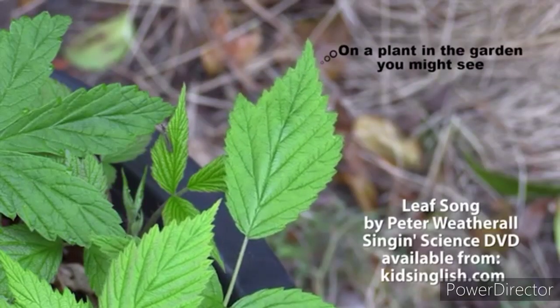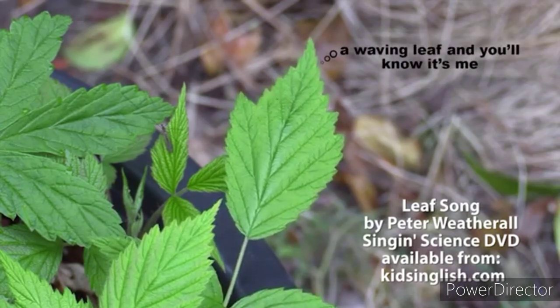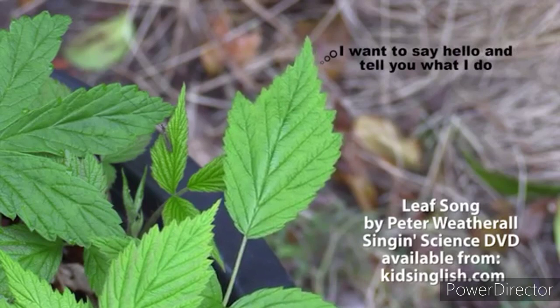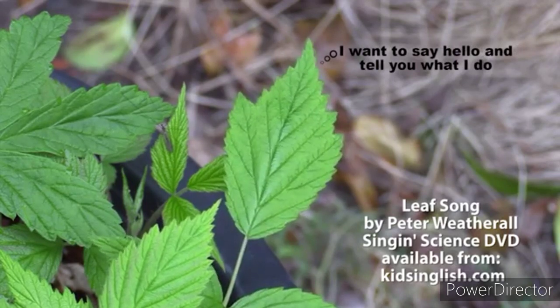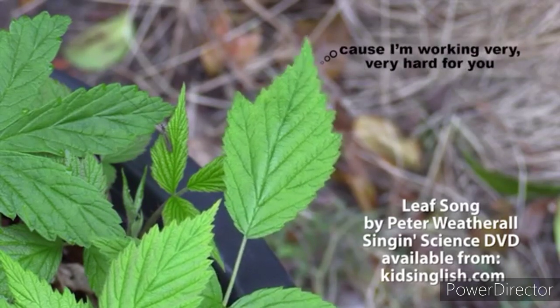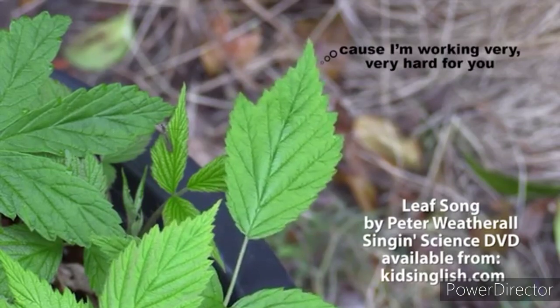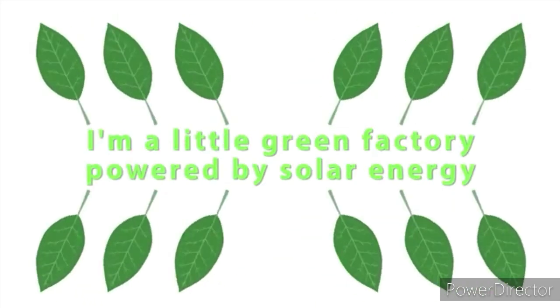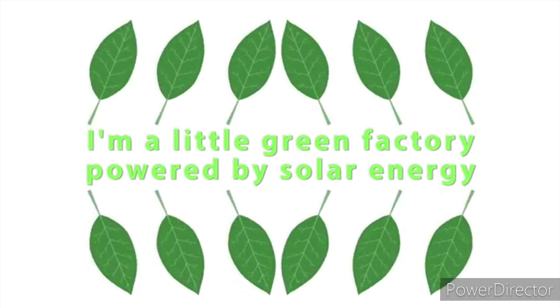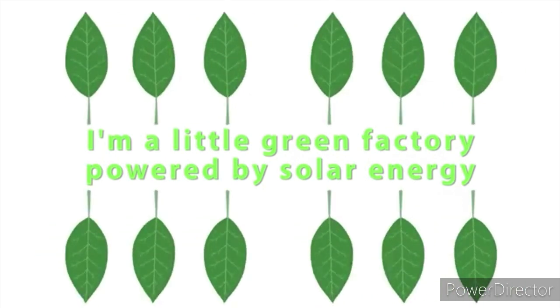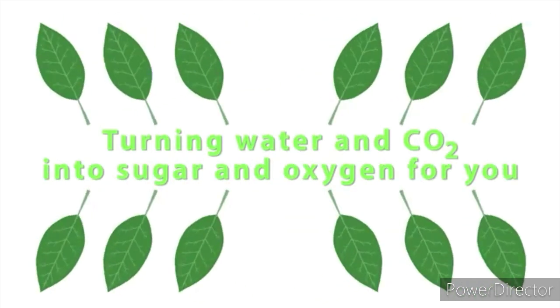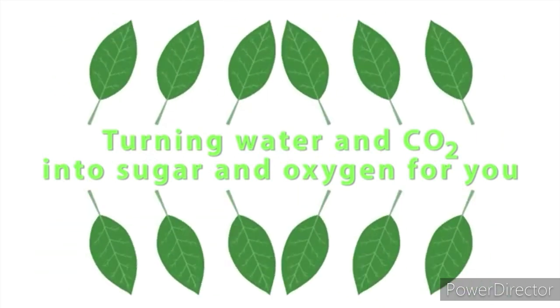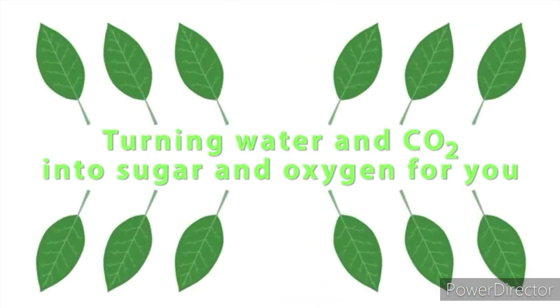On a plant in the garden you might see a waving leaf and you'll know it's me. I want to say hello and tell you what I do, 'cause I'm working very, very hard for you. I'm a little green factory powered by solar energy, turning water and CO2 into sugar and oxygen for you.